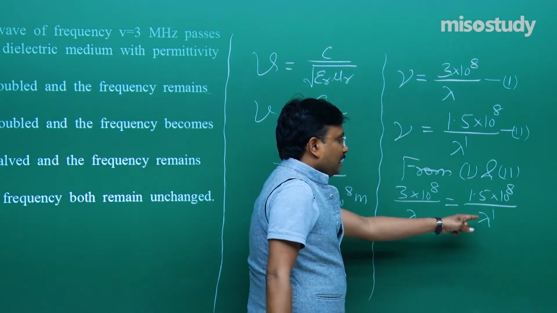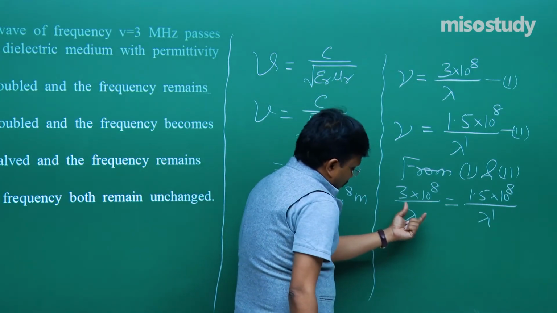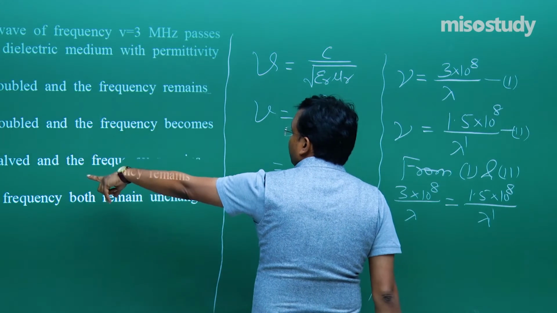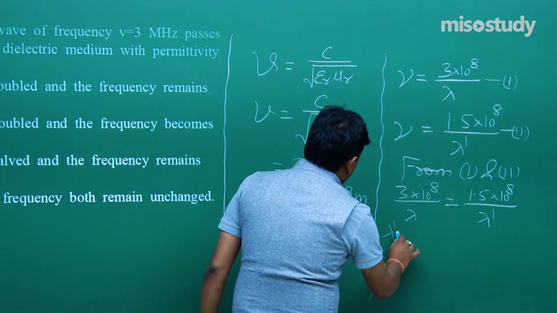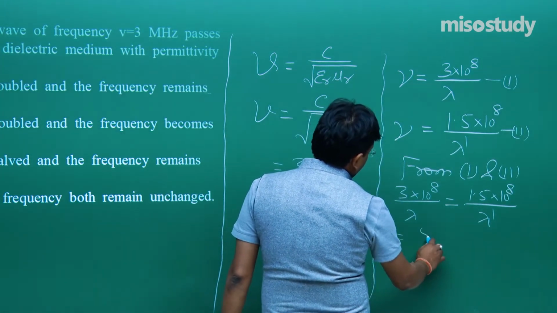So easily we can find the value of lambda prime in terms of lambda. Fine, and it is going to be half of that. So the correct option is wavelength is half and frequency remains unchanged. Basically lambda prime you will get as 50 meter.